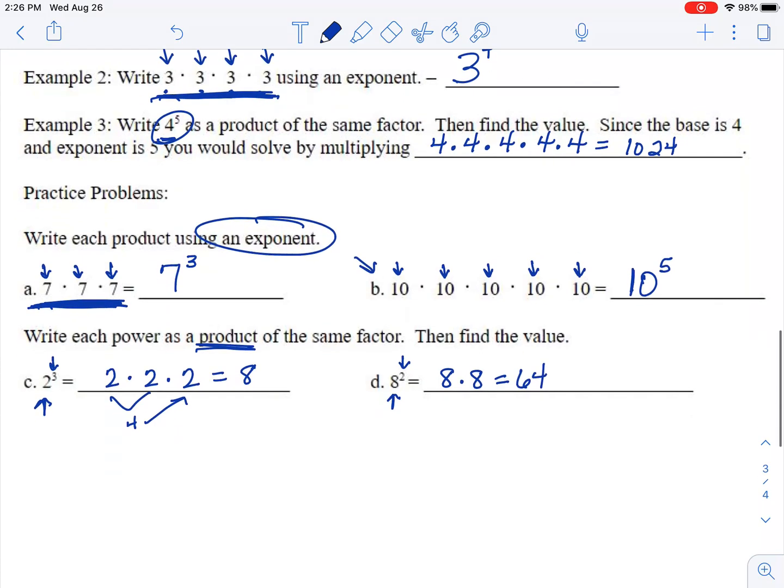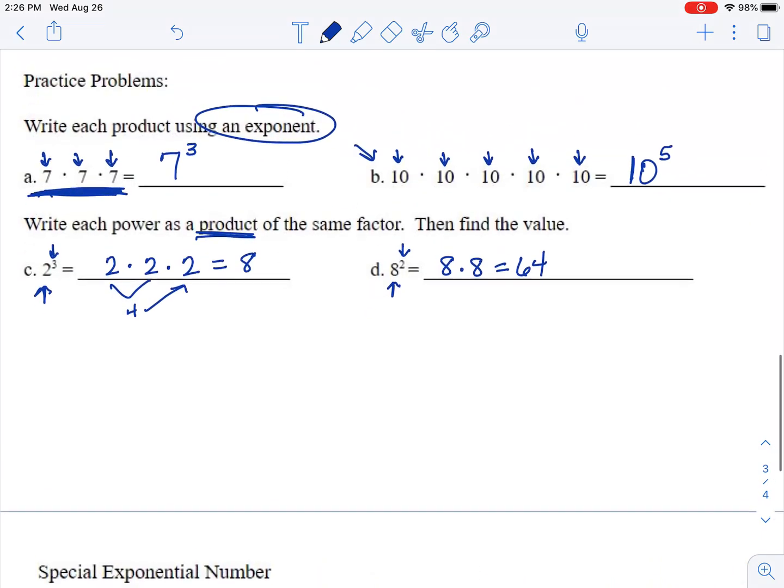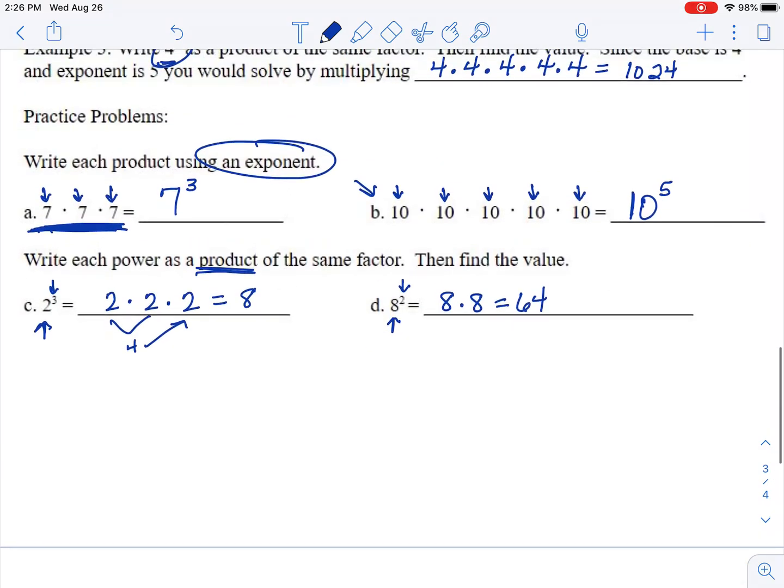So this is what we're going to practice today. We're going to practice me giving you something like this: 9 times 9 times 9 times 9. And you changing that to an exponent number, making it look like one of these.